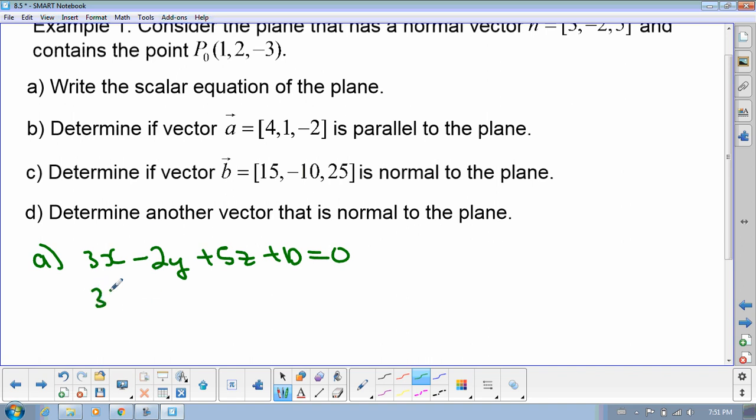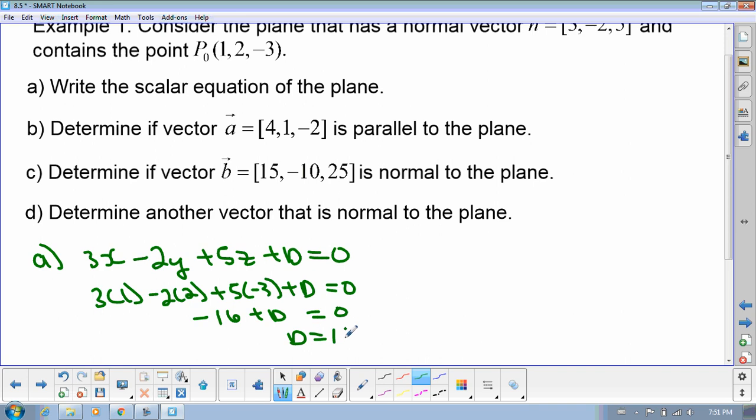Now I'm going to substitute in that point. So I have 3 multiplied by 1 minus 2 multiplied by 2 plus 5 multiplied by negative 3 plus D equals 0. When I expand that out, I have 3 minus 4 minus 15, so that's giving me minus 16 plus D equals 0. So D equals 16.